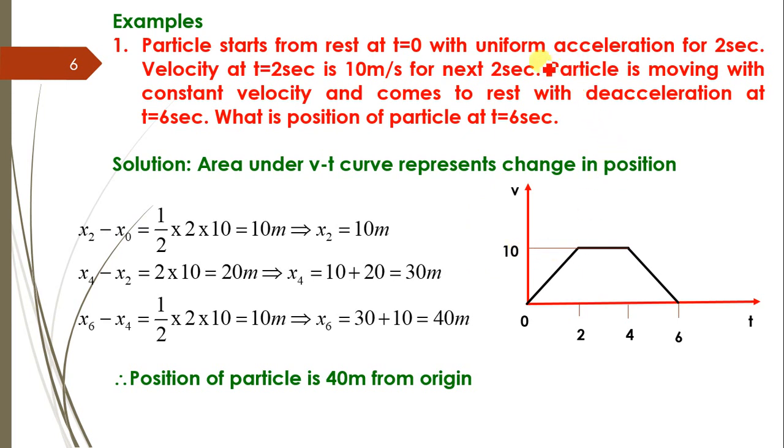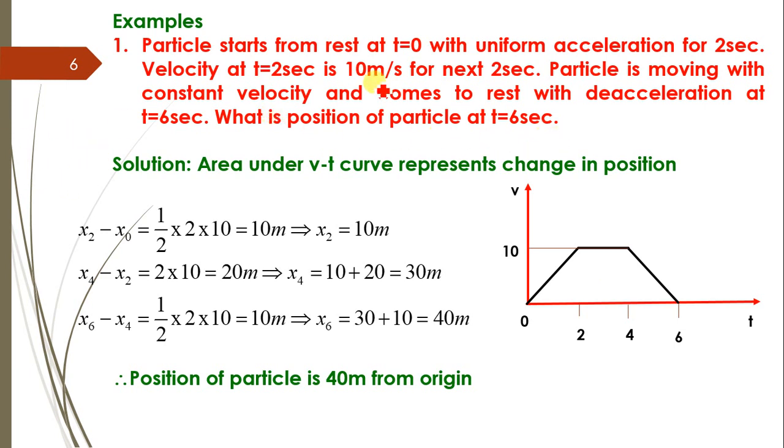As it is mentioned that acceleration is uniform, meaning constant, from 0 to 2 seconds the velocity is a linear line. As we saw in the previous slide, if the velocity is a linear line, then acceleration is a constant line.